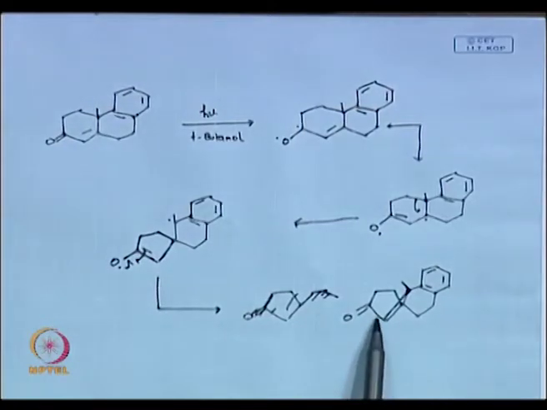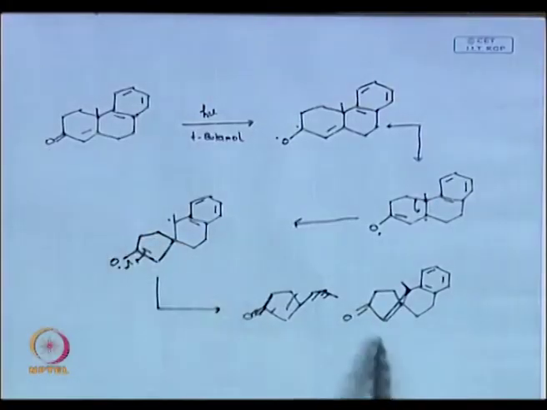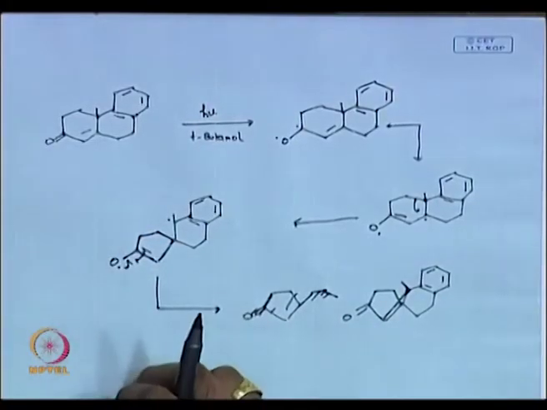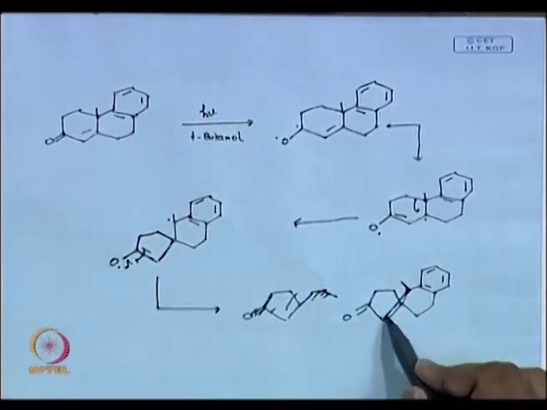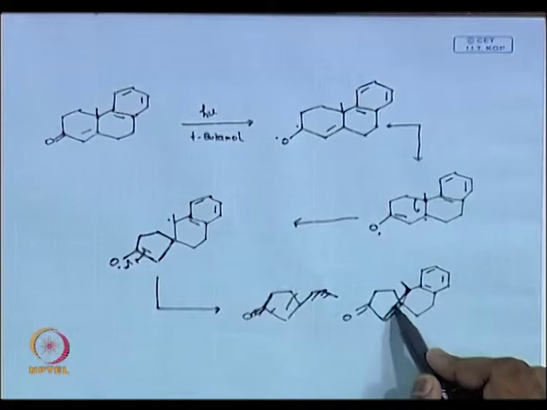Exactly 1720. That is cyclohexanone, right? What value? Where does it come? When you are talking about IR of this specific compound, you should be a little bit specific with values. Okay, that is good. Then how are you going to say that this ring is formed?